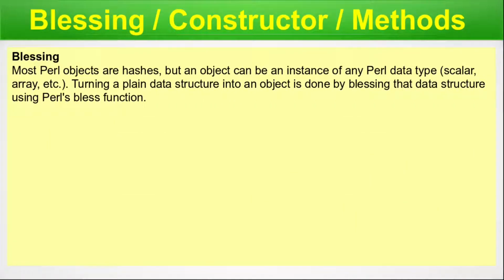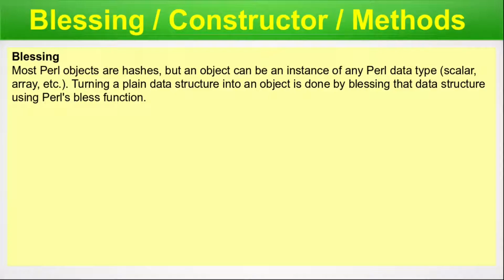So now, in this slide we'll be talking about blessings, constructor, and methods, okay. Blessing: most Perl objects are hashes, but an object can have an instance as any Perl data type, such as a scalar or array. Turning a plain data structure into an object is done by blessing. I was talking about blessing even in the last slide or before. So blessing actually turns a basic data structure into an object. What is the difference?